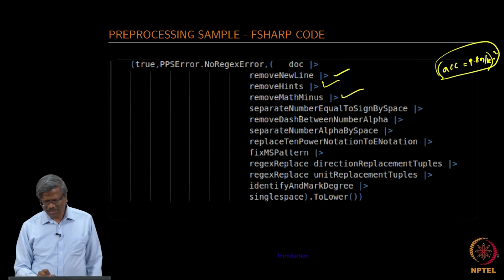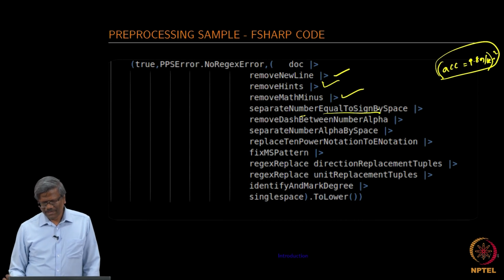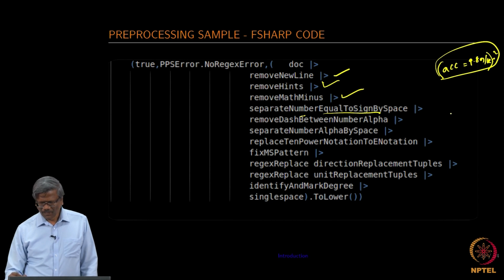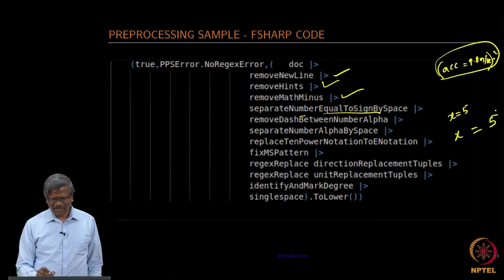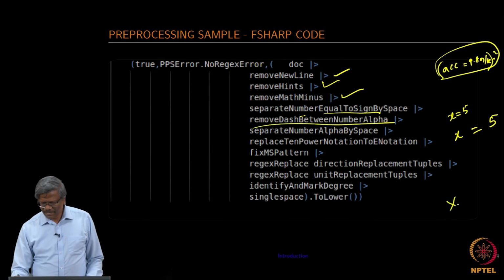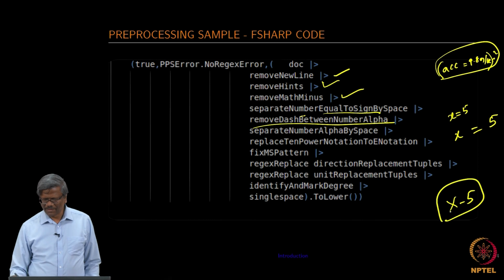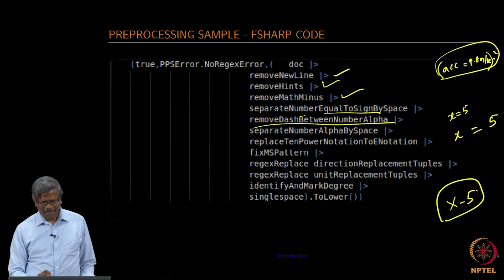Separate a number and a unit by a space. Put a space around the equal to sign. For example, if x equal to phi, just write this as x equal to phi in some way. And then if there is something like this, it removes those.